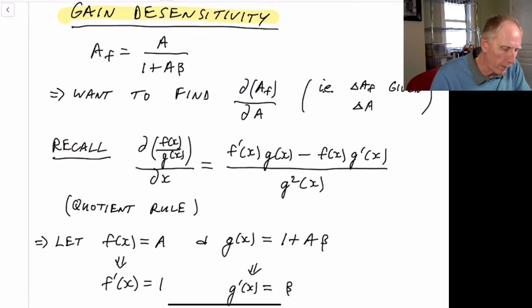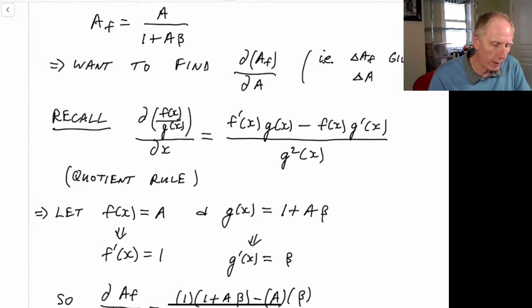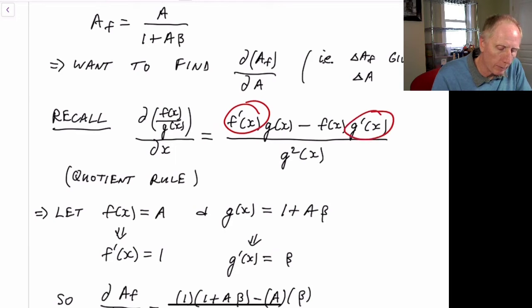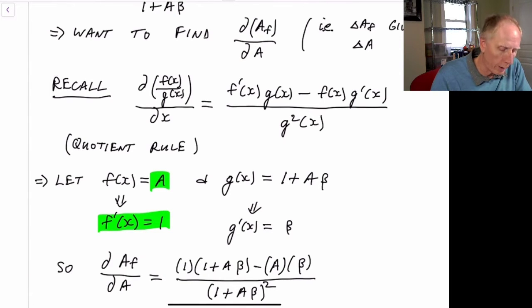Before we substitute those values, we notice that we're going to need f prime of x and g prime of x. If f(x) is equal to A, f prime of x is just equal to 1. If g(x) is equal to 1 plus A beta, then g prime of x, the derivative of g with respect to x, is just equal to beta.